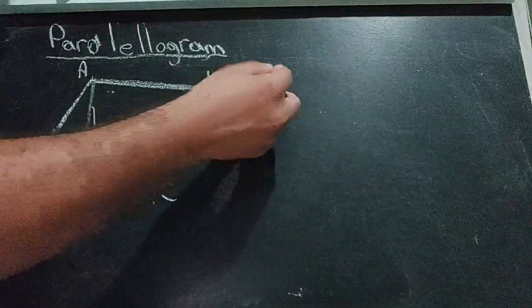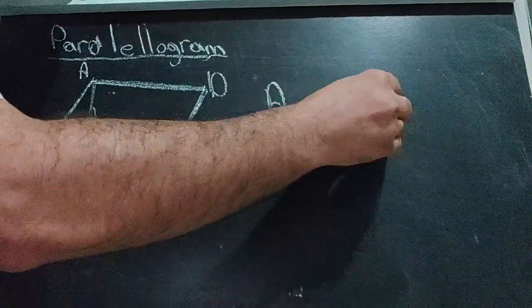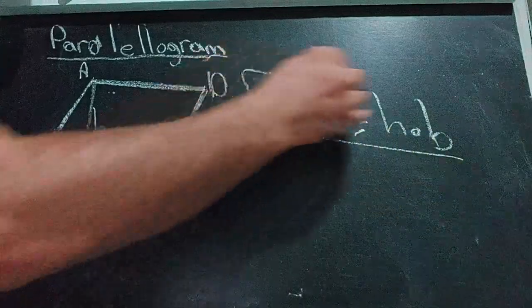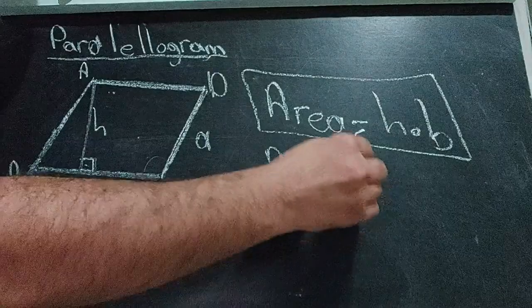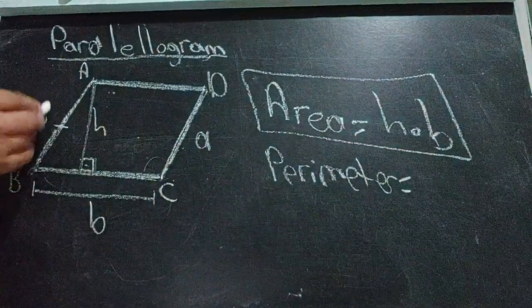of the shape. What was the formula? Height times base. So area will be H times B, and perimeter A plus B plus, and this is A and this is B too.